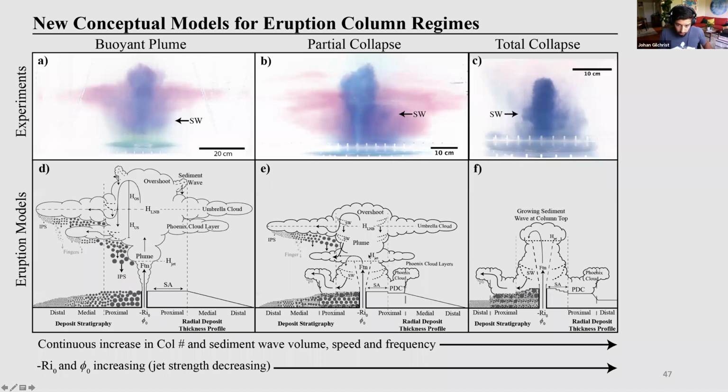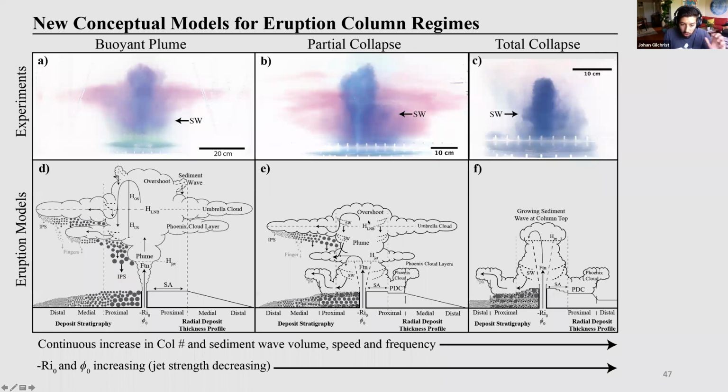Now, in the partial collapse regime, things get very complicated. But some predictions I want to make here is that at this fountain, we expect sediment waves to fall from the fountain-plume transition height, which we also expect to oscillate due to fountain dynamics. And then we expect large axisymmetric sediment waves to fall from this transition height.